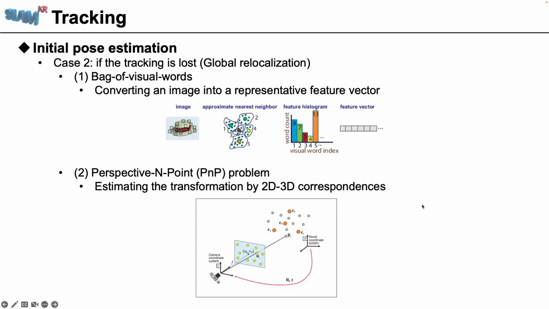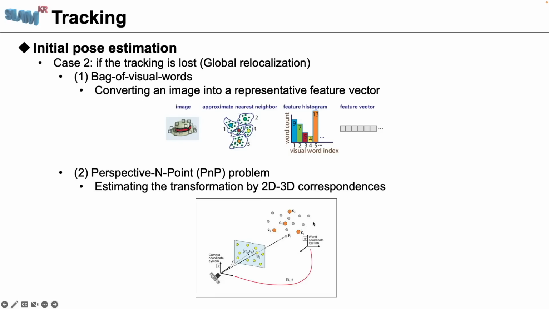Then we can find a similar scene. That's the loop closure. So first of all, we detect the loop.